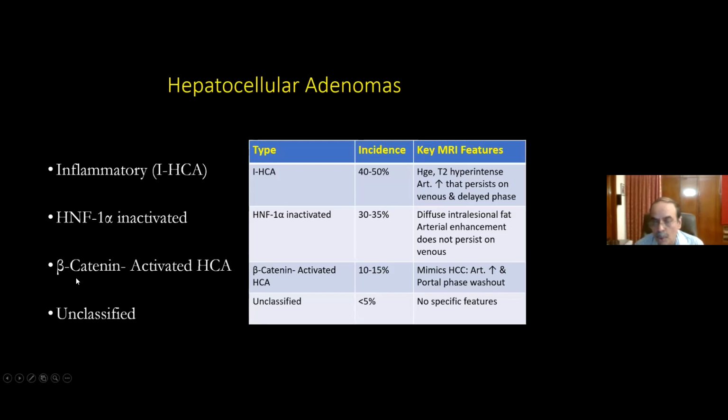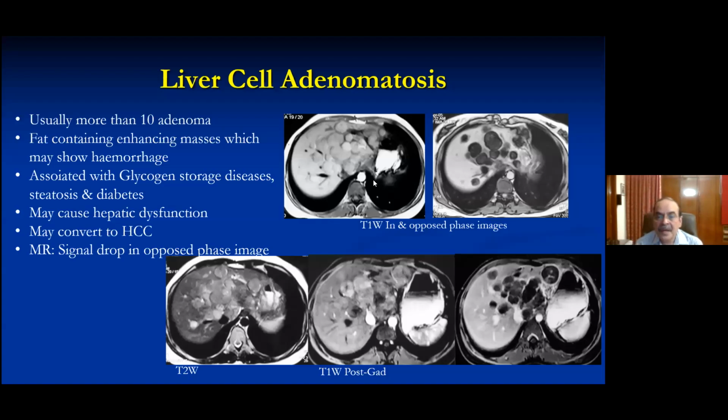The third and the more ominous adenoma is the beta-catenin mutated adenoma, because this can progress into a hepatocellular carcinoma. I'm not going into the imaging features which help you to subtype these in the interest of time, but just want you to remember that subtyping of adenomas based on this classification which came out of France can be done using MR. Another example of signal drop on the opposed phase image.